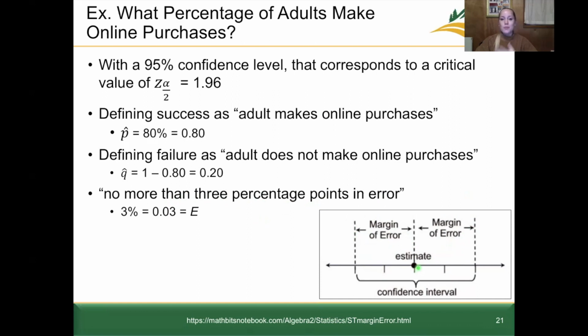And remember, E, our margin of error, refers to this half and this half. So this is 3% and this is 3%. In non-percentage form, this is 0.03 and this is 0.03.